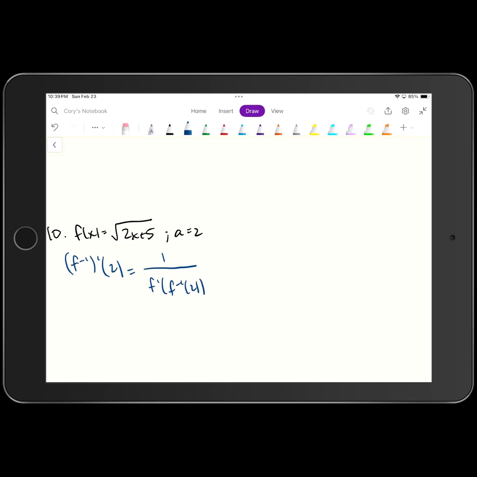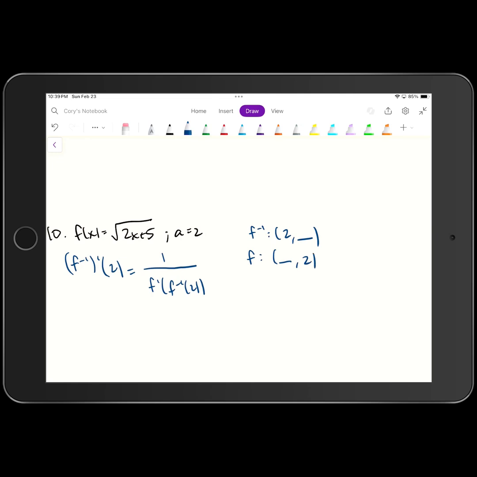So the two things we have to figure out: number one is what f prime is, and number two, what f inverse of 2 is. So that's what I'm going to calculate first, f inverse of 2. On the graph of f inverse, 2 is my input and we want to find the output. So on the graph of f, I am looking for the input that gives me an output of 2.